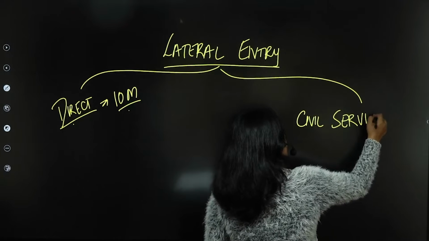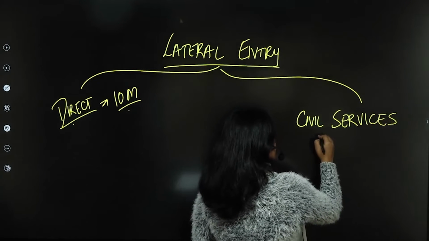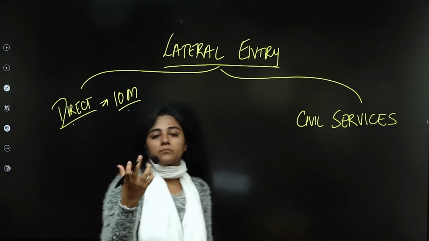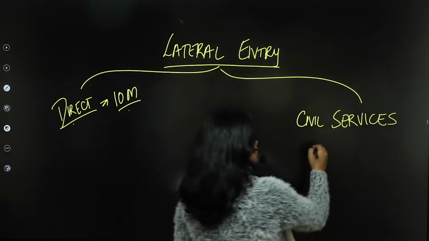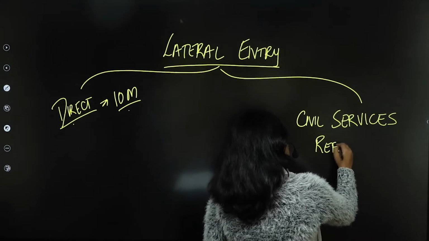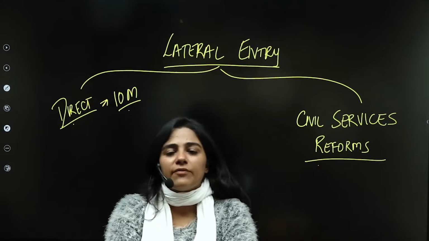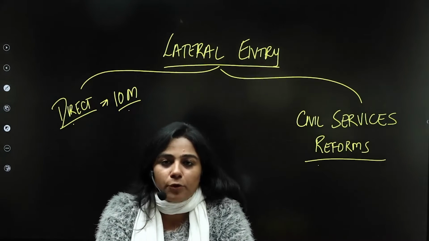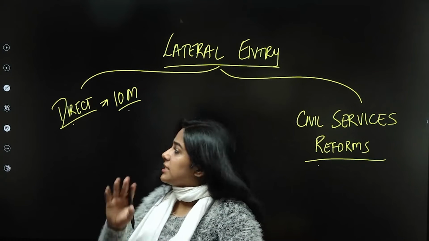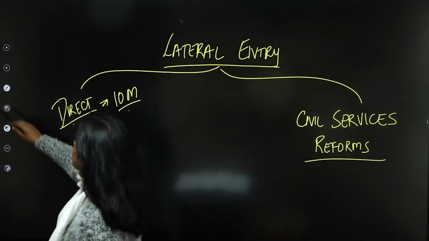It is a separate syllabus head, civil services reform. Allowing lateral entry is one of the civil services reforms that we talk about. So these are the two ways in which you can utilize this topic.